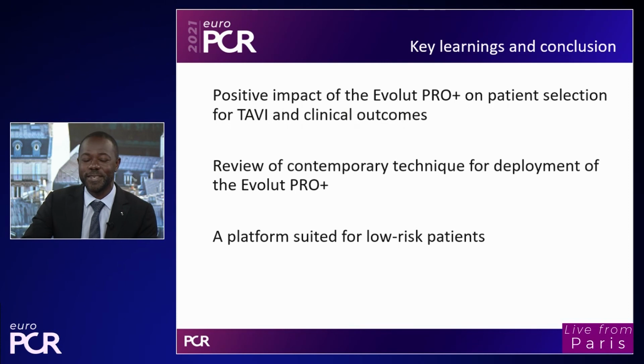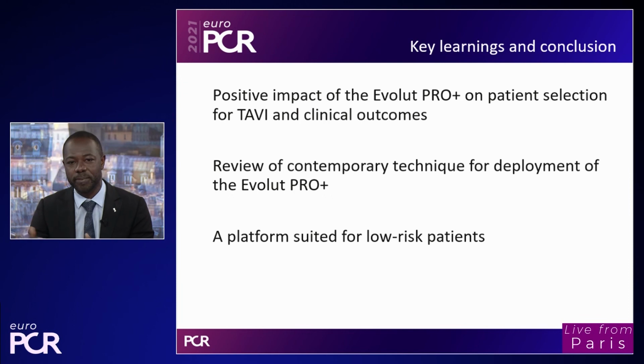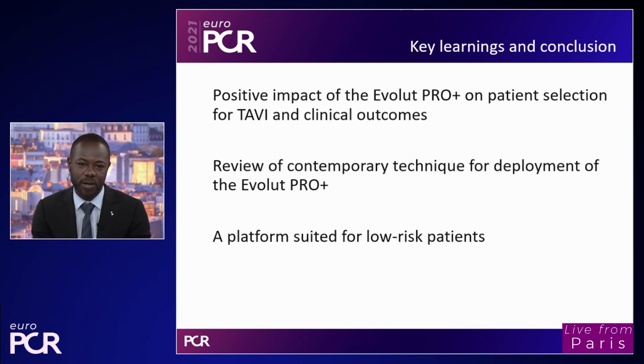Then we had a superb case, and the audience congratulated you, Azim, for the outcome for the patient. You nicely demonstrated a contemporary technique combining the cusp overlap technique and commissural alignment. We had that step-by-step procedure description of how to achieve a proper commissural alignment in the cusp overlap view. The objective was matched.